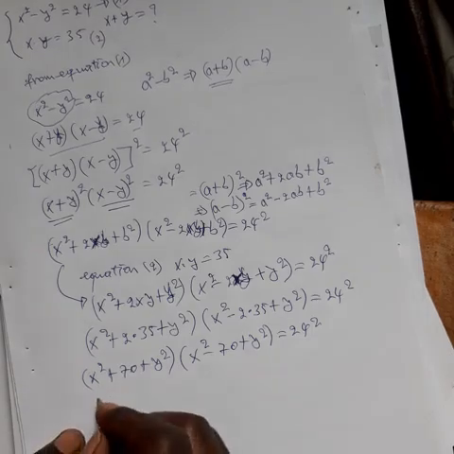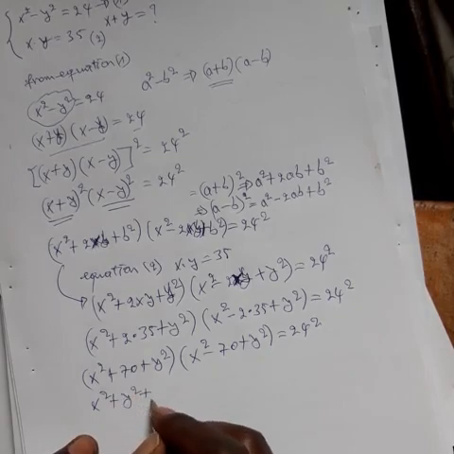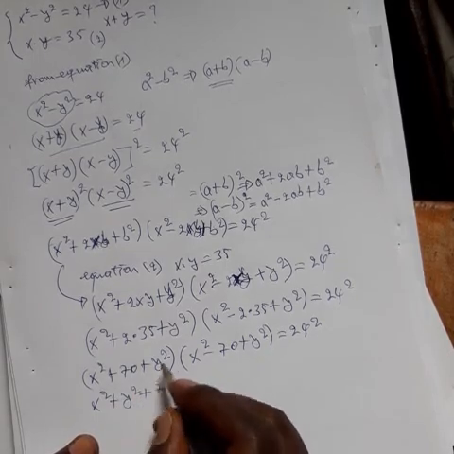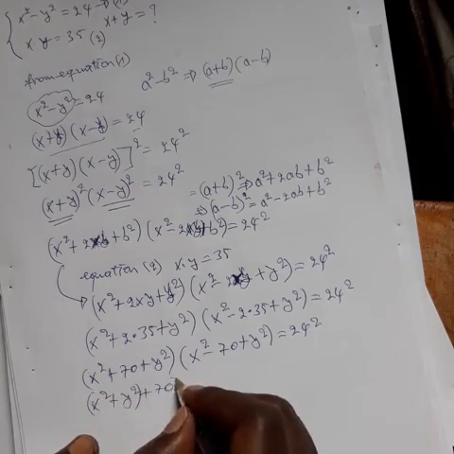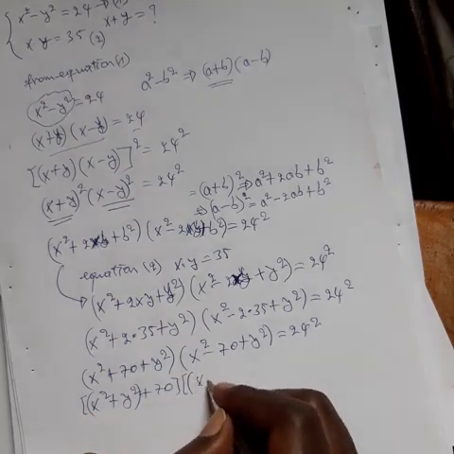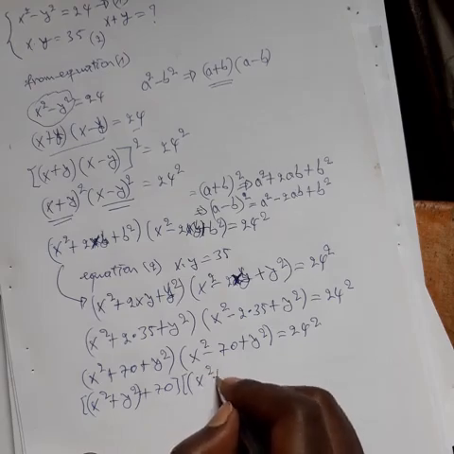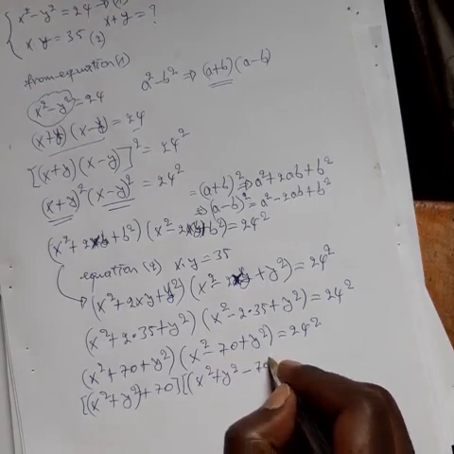So we have x squared plus y squared plus 70, okay, times x squared plus y squared minus 70, okay.